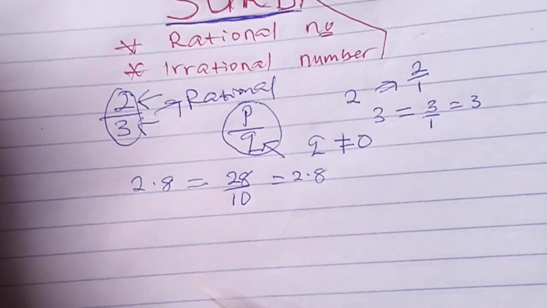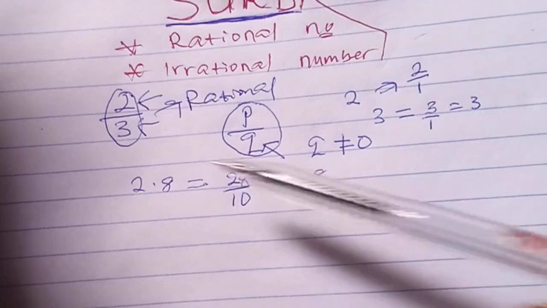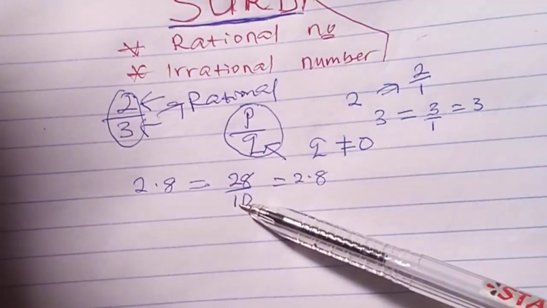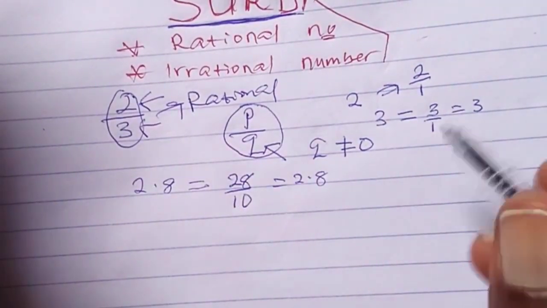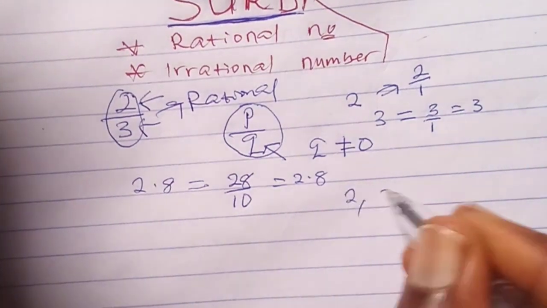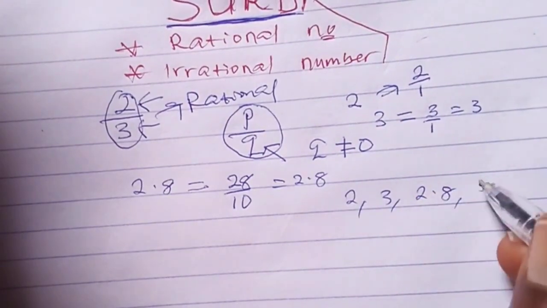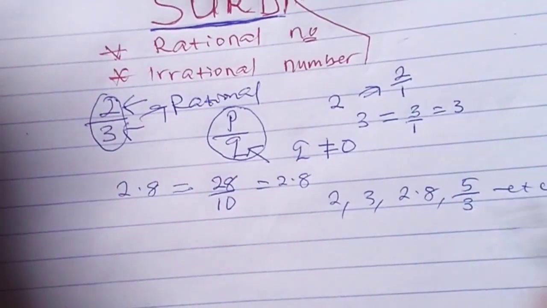They can be expressed as a ratio of two integers, just like 2 over 3 or 28 over 10. The exact values are also known. So 2, 3, 2.8, maybe 5 over 3, and so on, are all rational numbers.